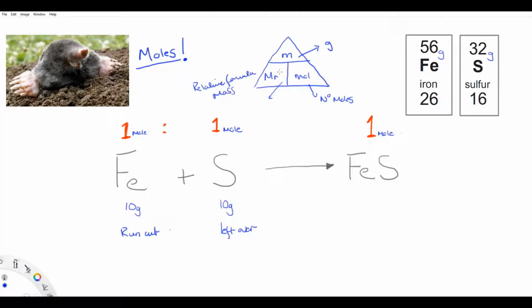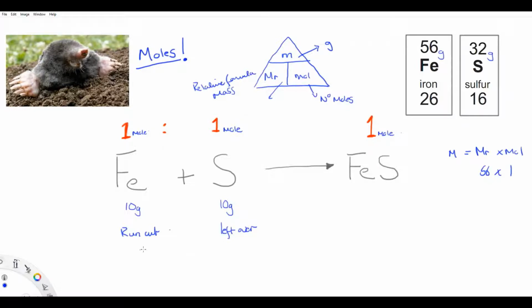In this case, the MR of iron is 56. So if I need 1 mole, and that's what the ratio is, 1 mole to react with 1 mole, can you see that if I need 1 mole, then actually the mass I need to weigh out is the MR, because the mass that I need is my MR times my moles. So therefore it's going to be 56, and I need 1 mole because it's a 1-to-1 ratio.